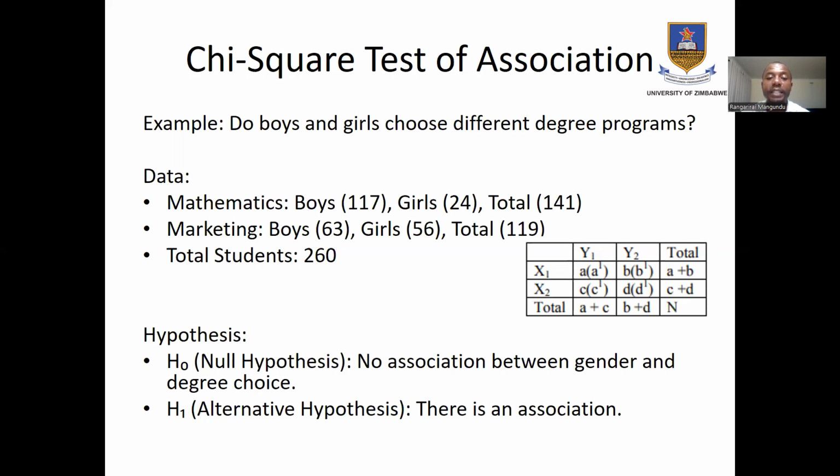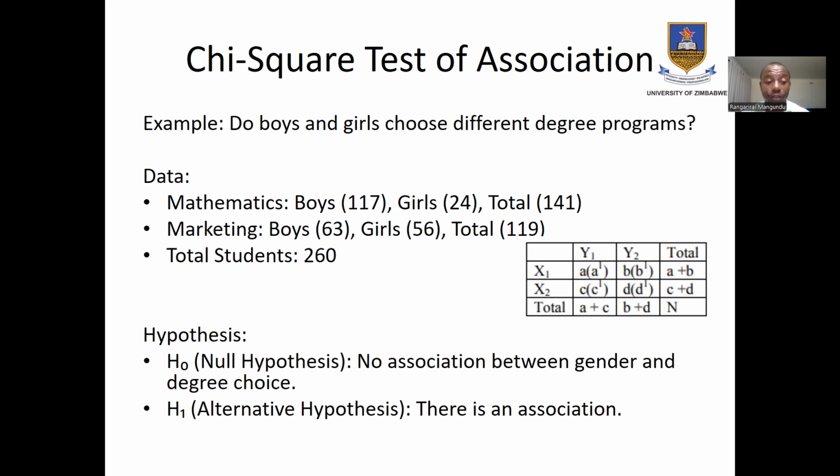On the other hand, 63 boys chose to do marketing, and then 56 girls chose to do marketing, giving a total of 119. And then our total class, or the total number of people we're dealing with here, was 260.